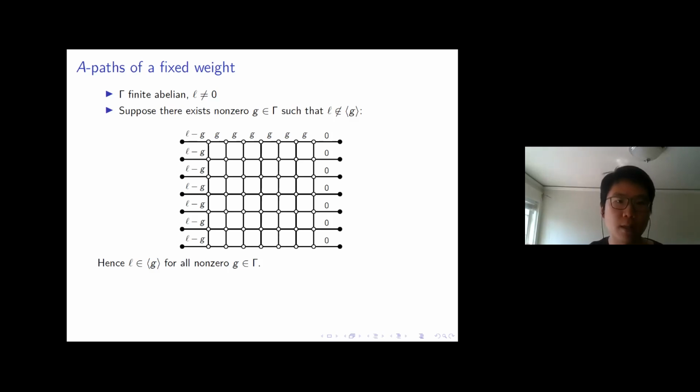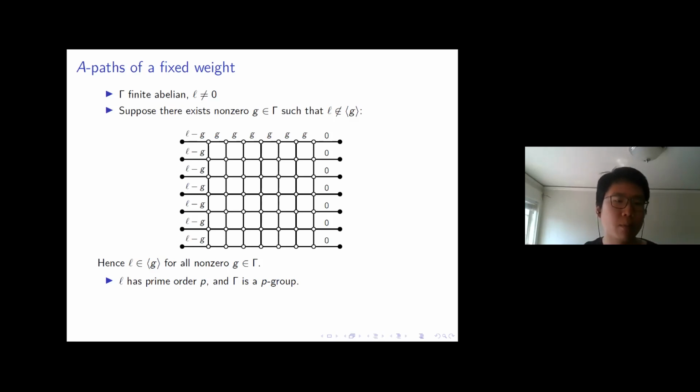So we can assume that every non-zero element generates L. This is a very strong condition. What we can deduce from this is that L has prime order. Why?